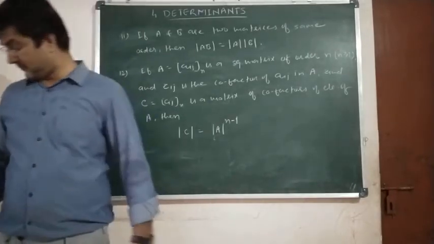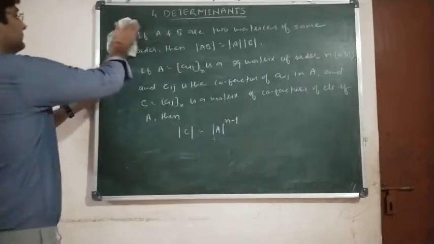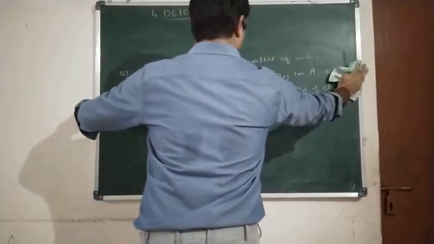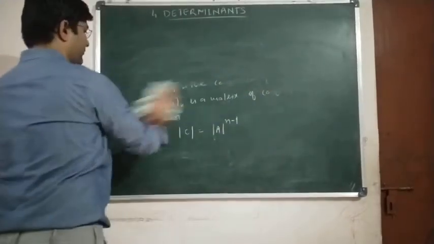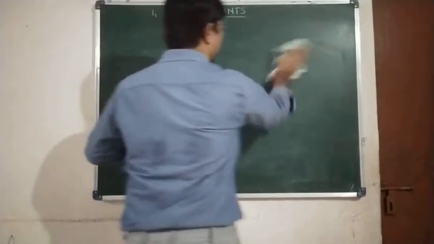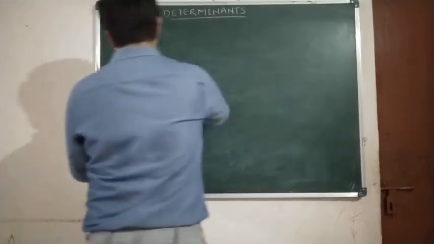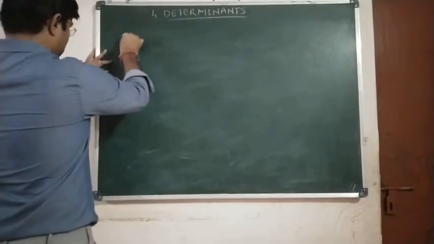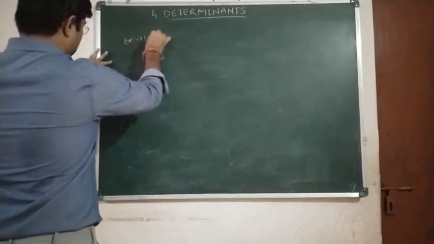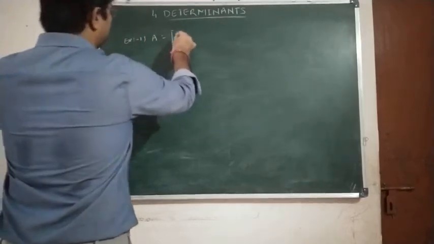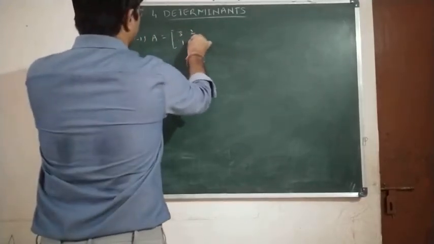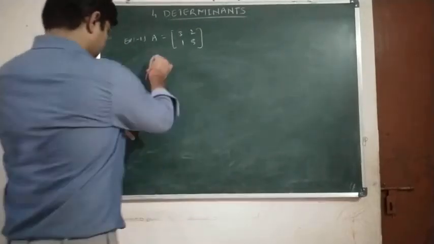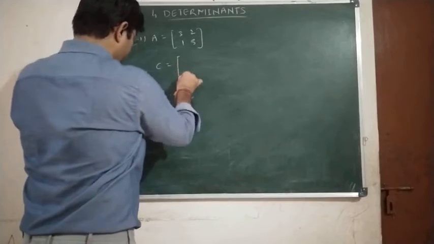Let us see one example for this property. Let me take a 2 by 2 matrix. Let us take a 2 by 2 matrix 3, 2, 1, 5. Clear? And let us find out C, the matrix of cofactors.